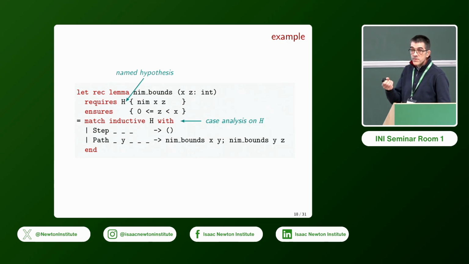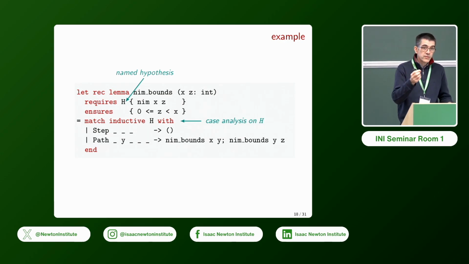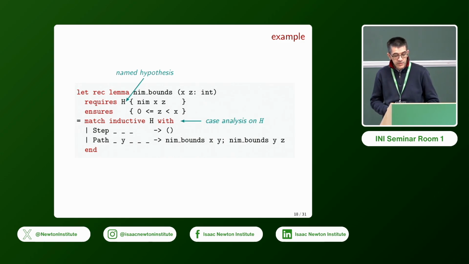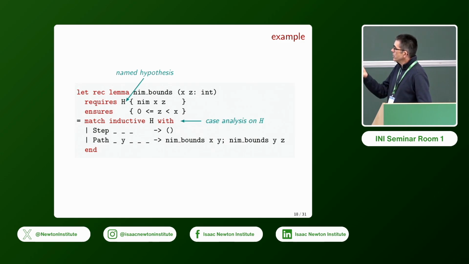So you have to name the hypothesis. There was already a notation in Y3 to name pre or post condition, so that was convenient. And then after the match inductive, you can put the name of one of these hypotheses from your context, which lives in some inductive data type, like here.